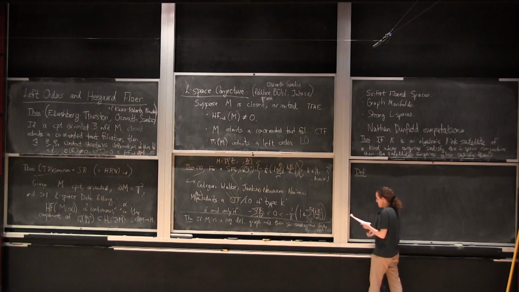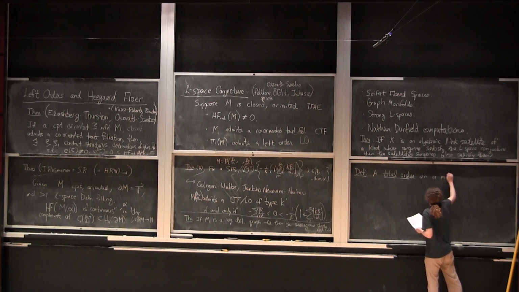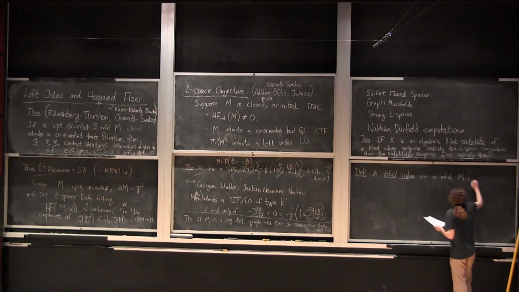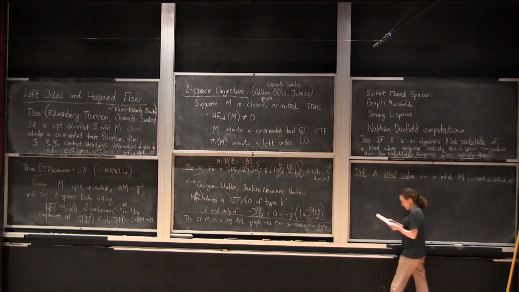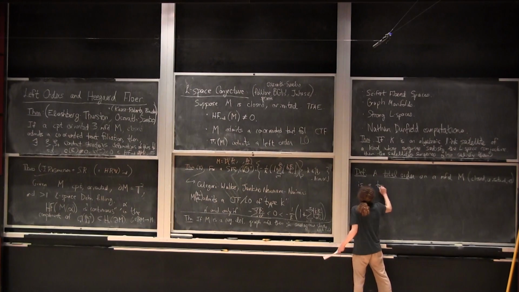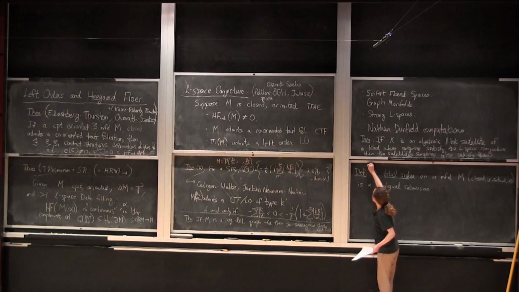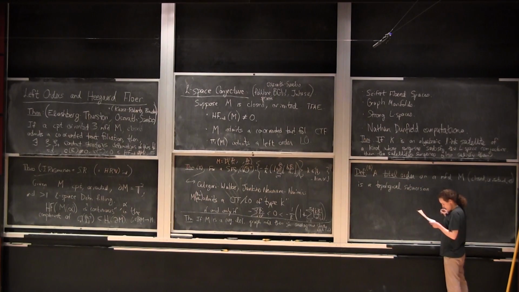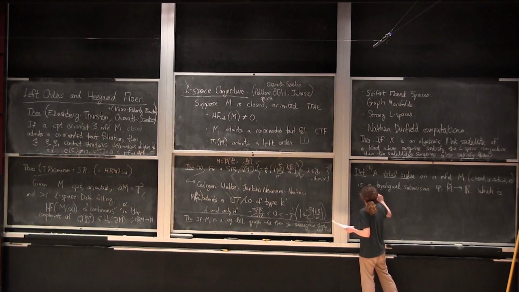A total order on a version, this is just an ad hoc term here, from the universal cover to R, which is pi 1 of M equivariant.